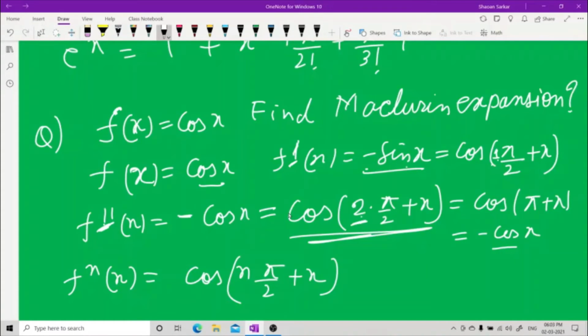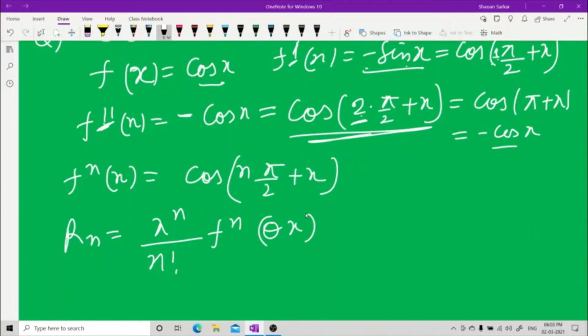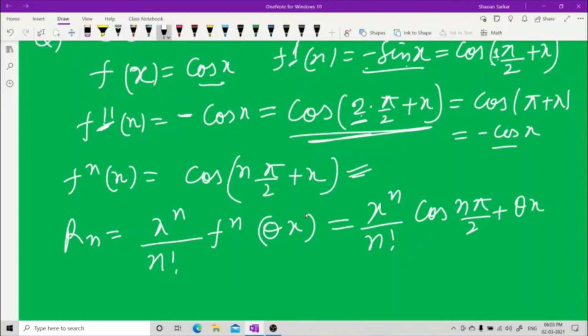Now you see what is Rn. Rn is x to the power of n upon n factorial f^n(theta x). So in this case, this becomes x to the power of n upon n factorial cos (n pi by 2 plus theta x).